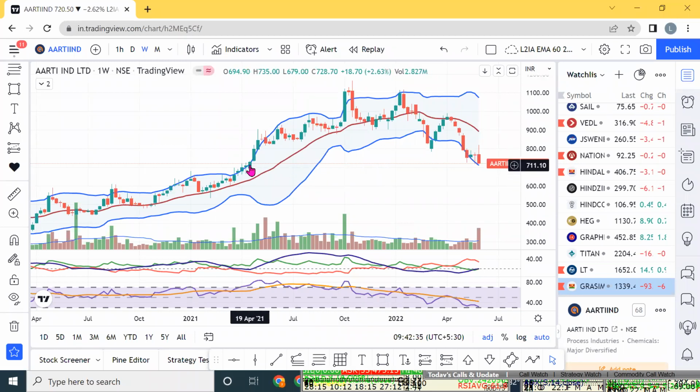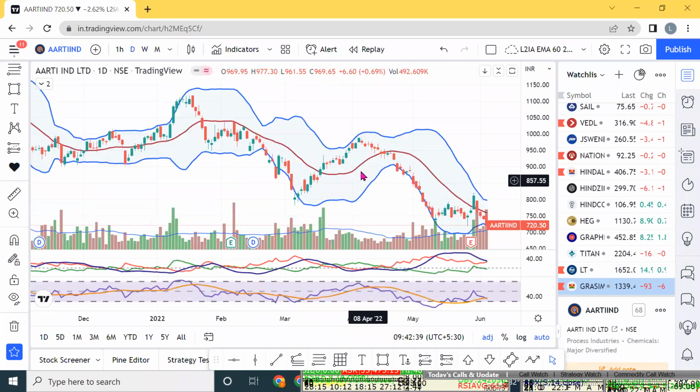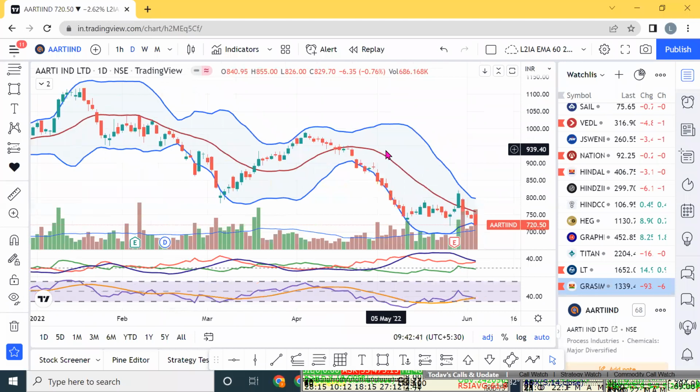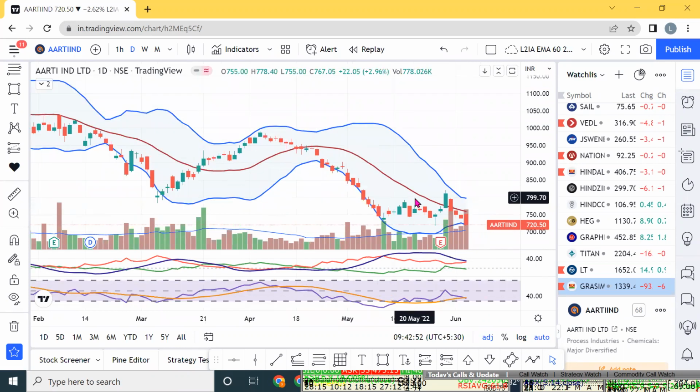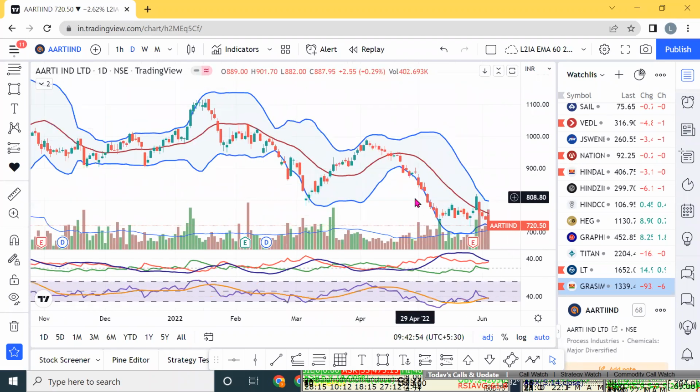If we see, this is the day chart, very, very badly placed. The ADX, the DI negative, all are telling me that the stock is going to fall further. Okay. So with any negative news, this stock can go down further.